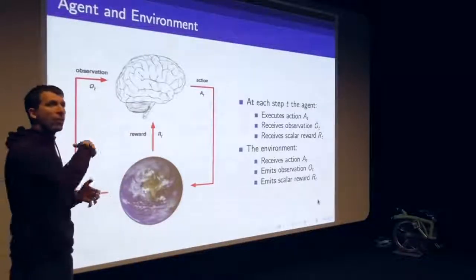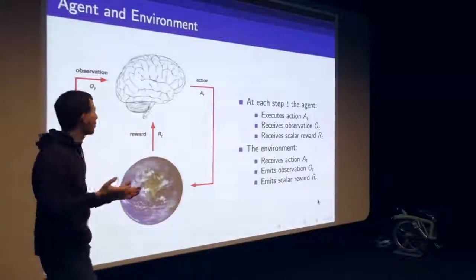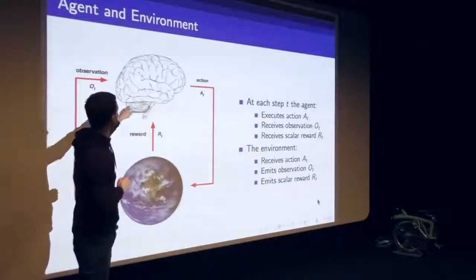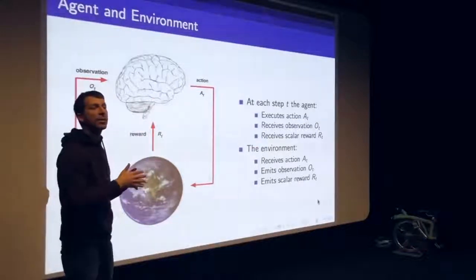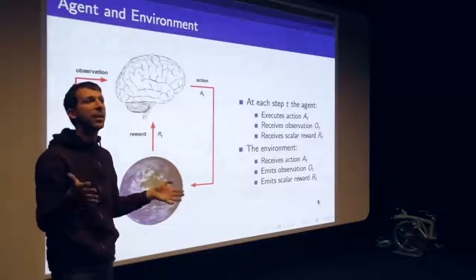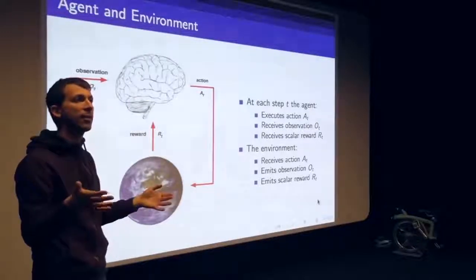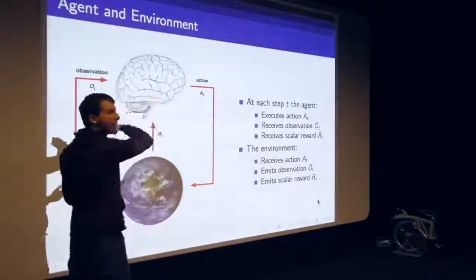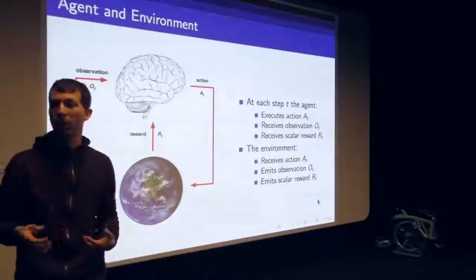And this just goes on, and the trial and error loop that we define for reinforcement learning is basically a time series of observations, rewards, and actions, and that time series defines the experience of the agent. And that experience is the data that we use for reinforcement learning. So the machine learning problem of RL is concerned with this source of data, this stream of data coming through.